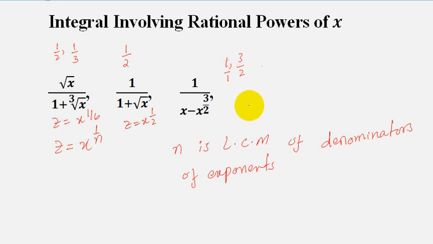So, in this case we can also take z equal to x raised power 1 upon 2. So, the value of n is 2 for these two functions, and value of n is 6 for the first function.